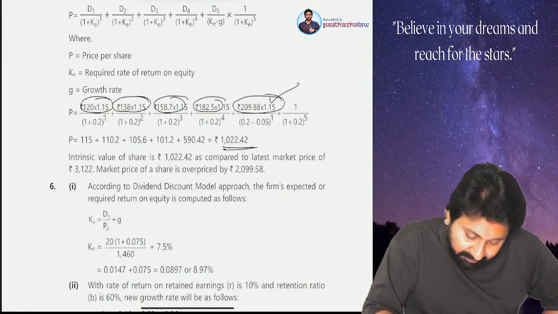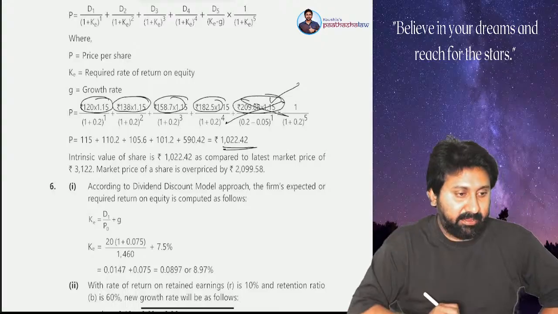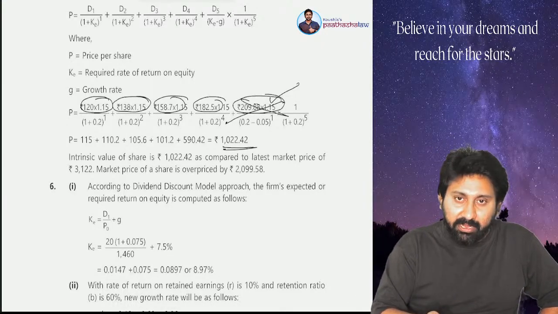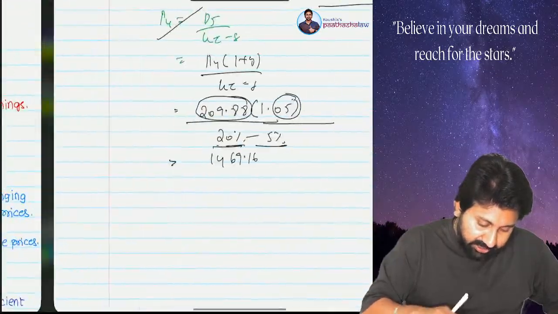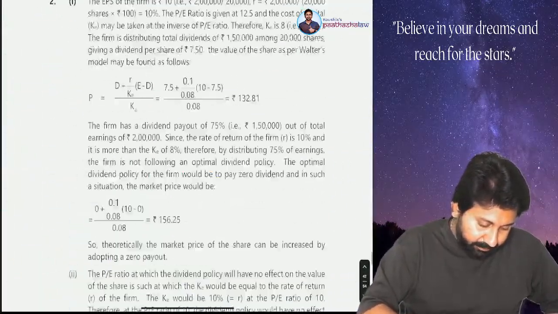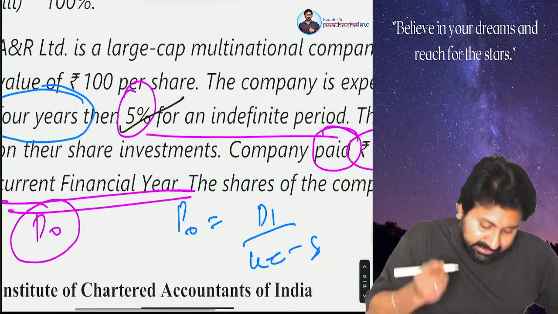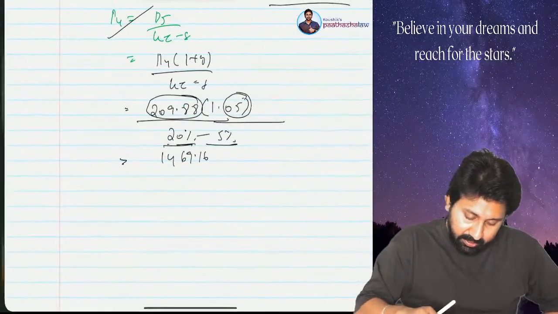They have taken 15%, which is a mistake. Okay. So don't go by the answer of the institute. Nonsense they have done. Clearly in the question they have given that 5% for indefinite period.